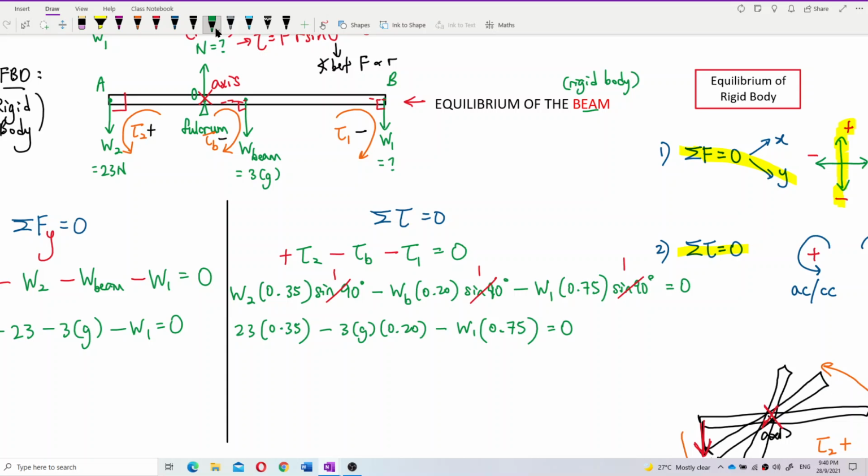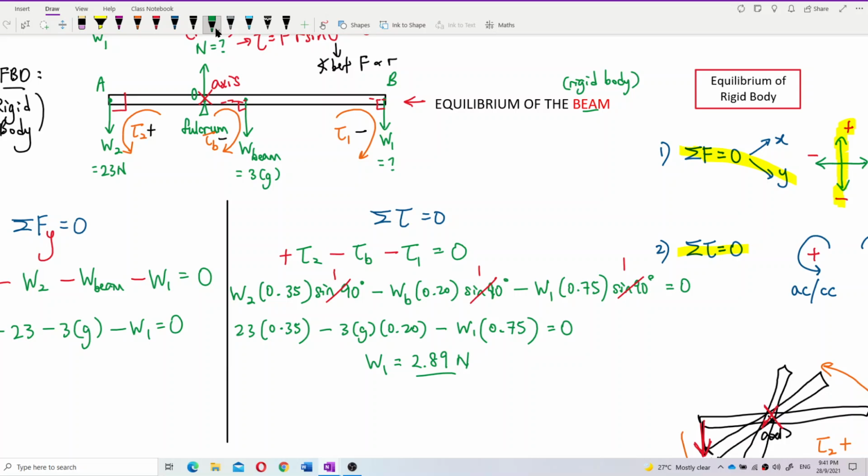Here I can find my W1, isn't it? Now let's calculate W1. Okay, so I got the answer already, which is 2.89 Newton.